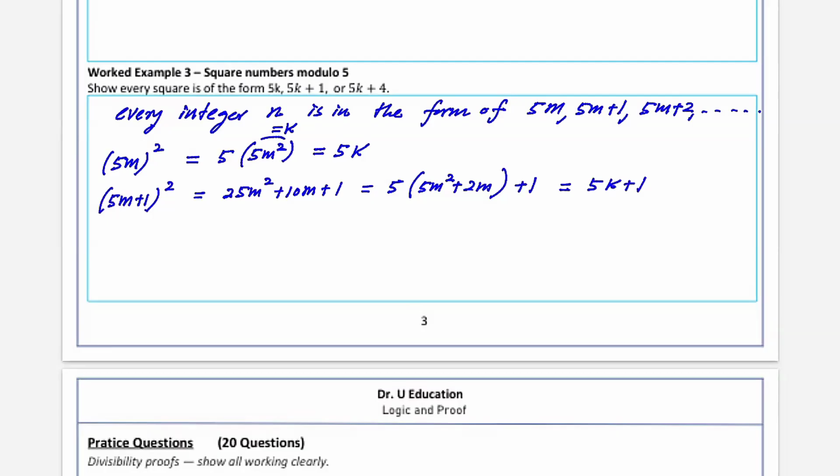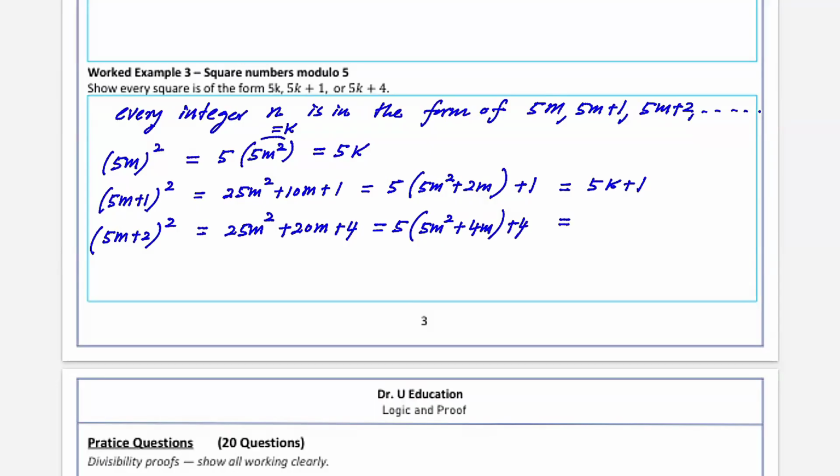So let's check the other one. 5m plus 2, let's see, squared. So that is going to be 25m squared plus 20m plus 4. So take 5 out. So it's going to be 5 times (5m squared plus 4m) plus 4.